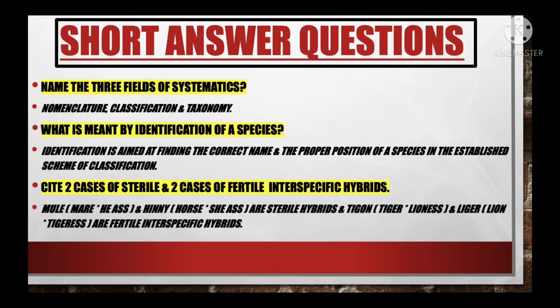So, the first is a mule, which is a cross between a mare and a he-ass, and the hinny, which is a cross between a horse and a she-ass; these are sterile hybrids. The tigon, which is a cross between a tiger and a lioness, and the liger, which is a cross between a lion and a tigress, are fertile interspecific hybrids.